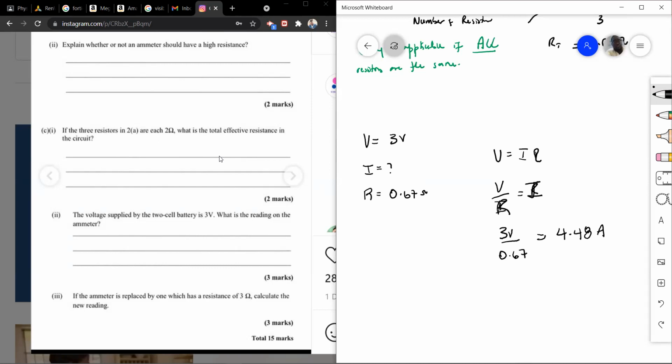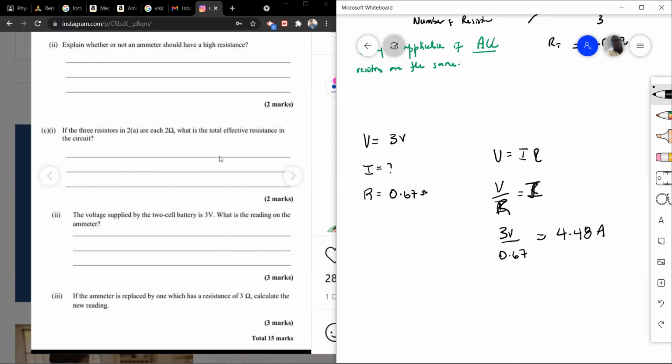And the last part of this question now: if the ammeter is replaced by one which has a resistance of 3 ohms. What? Or one of them or all of them?